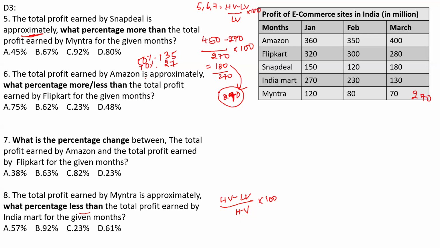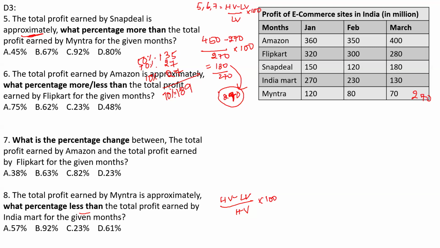Similarly, add one more 10%, which is 27. If you total 135 plus 27, you will get around 162, but we want 180. So again I'm adding one more 10%. If you add 27, it will come to 189, which is like 50 plus 10 plus 10, 70%.